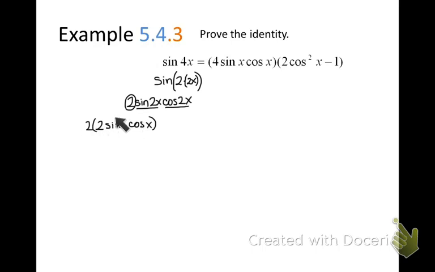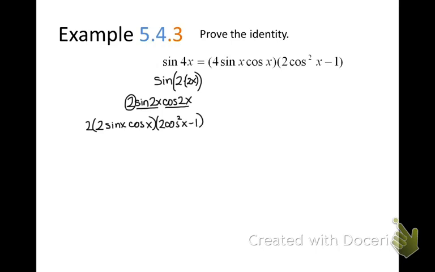Notice what is this going to multiply to? 4 sine of x cosine of x. Oh, hey, look at that. So now when you're choosing which formula to use here, do you have a formula that matches this? You do. So that would be the one that you'd want to choose here because you want to make it match, right? So here we would just say, well, I may as well use the cosine double angle that gets me where I want to go. 2 cosine squared of x minus 1.